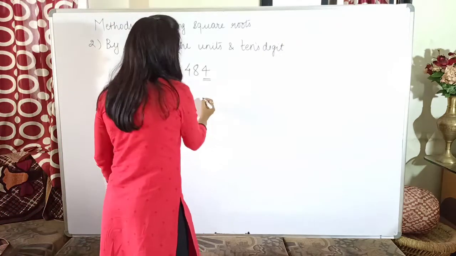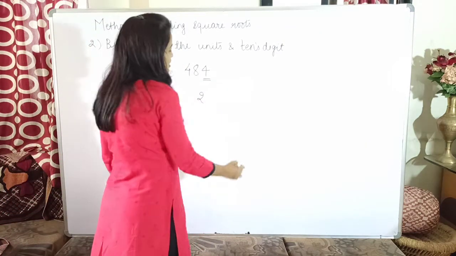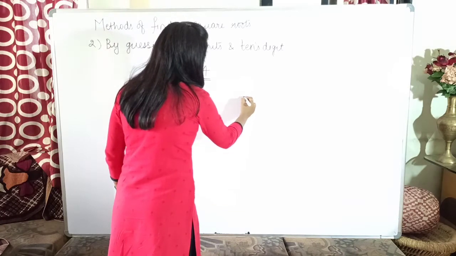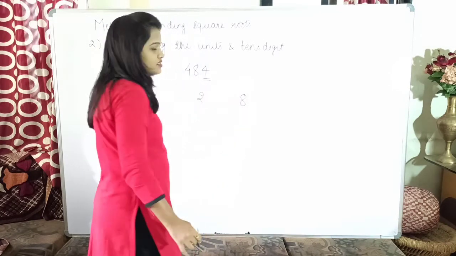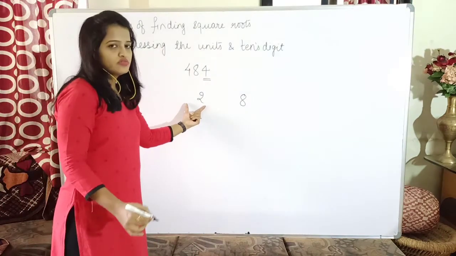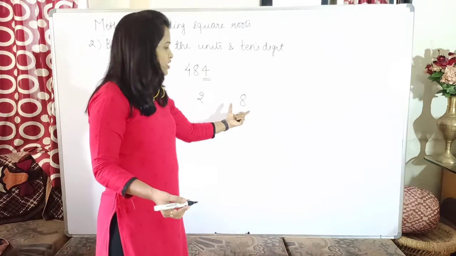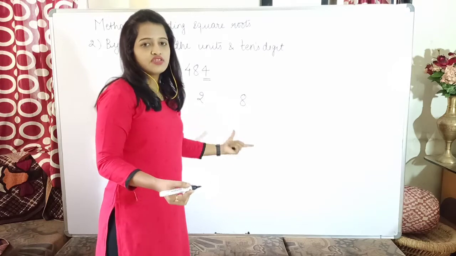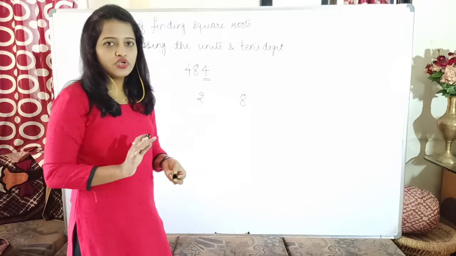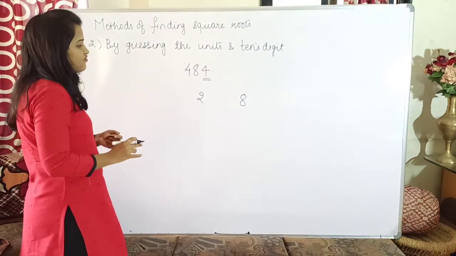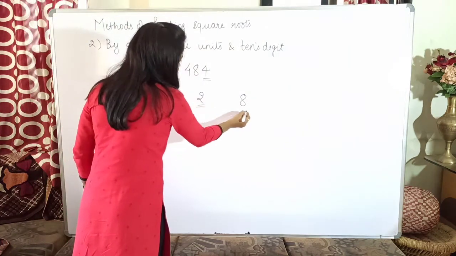If the digit has 2 at its unit place, or 8 at its unit place. 2 squared is 4, and 8 squared is 64. So any one of these will be present in the units place, only the units place. Okay, so I have found the digit which can be present at the units place.